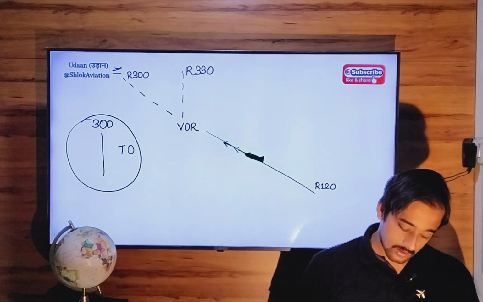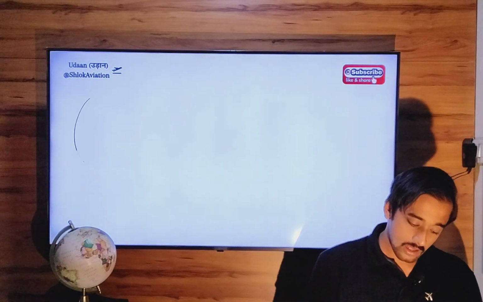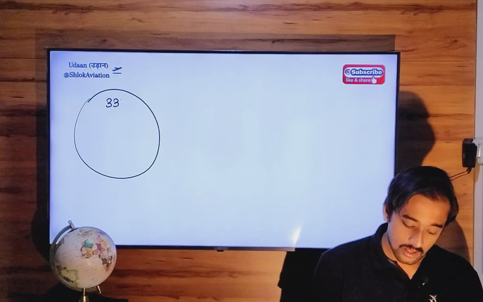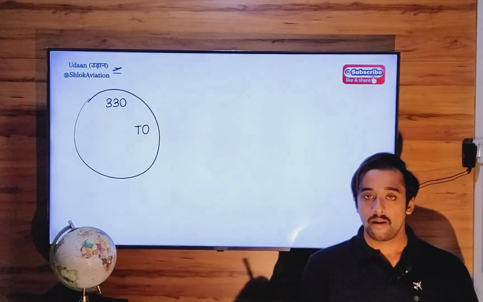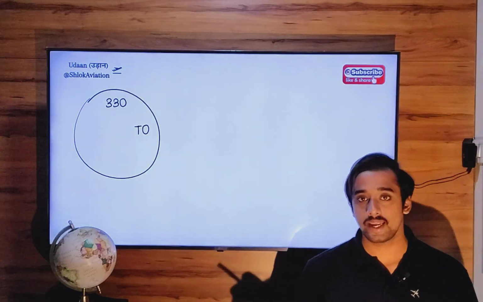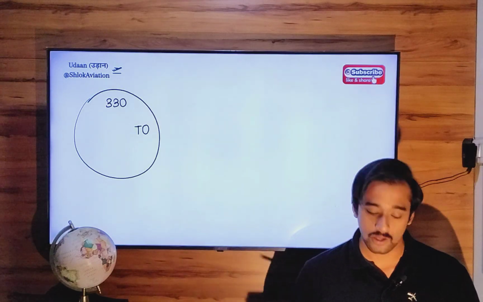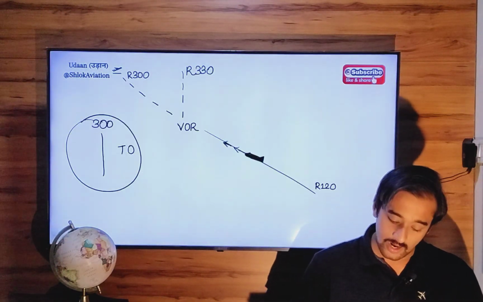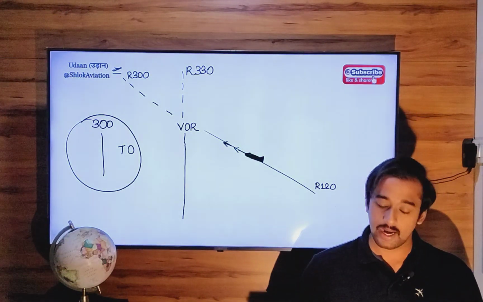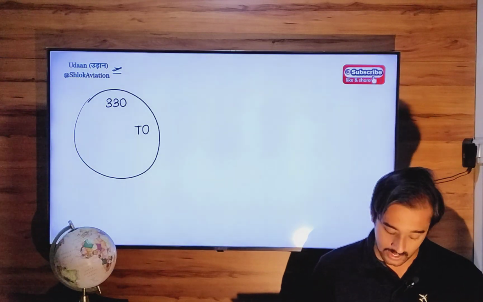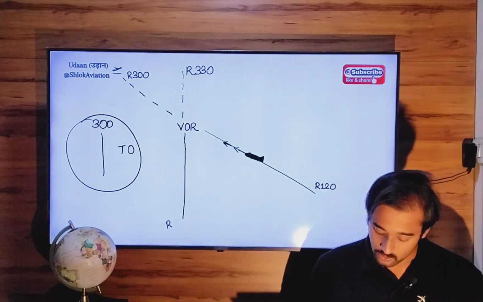But when you put 330 here, you get a TO indication. That's fine. But what will be the position of the CDI needle? Will it go to the left or will it go to the right? So to know that, you will have to draw a radial 330 reciprocal, which is radial 150.